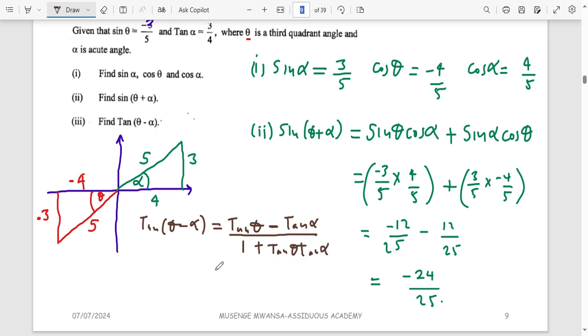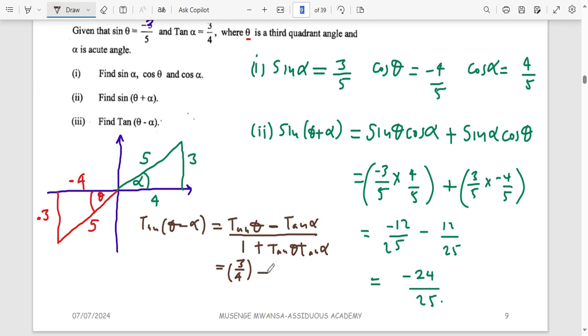So now just substitute. What is tan theta? Tan is opposite over adjacent. Opposite is negative 3, adjacent is negative 4. So that is basically 3 over 4.